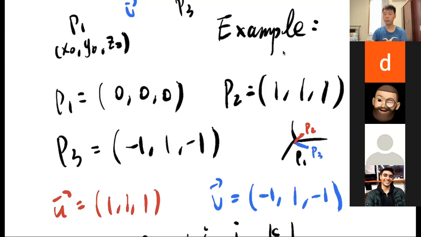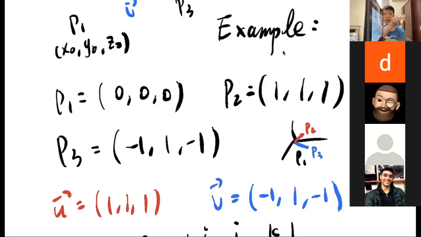So imagine again, this side is the YZ plane, right? This side is the XY plane, right? Imagine this point is the origin we're talking about.